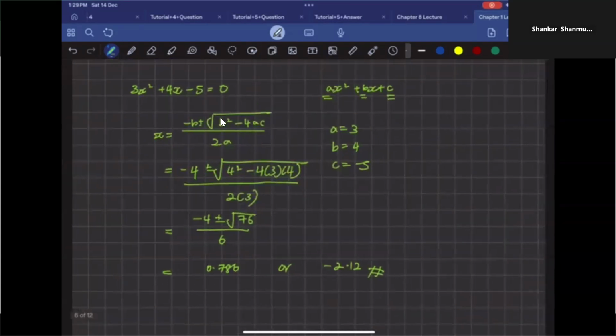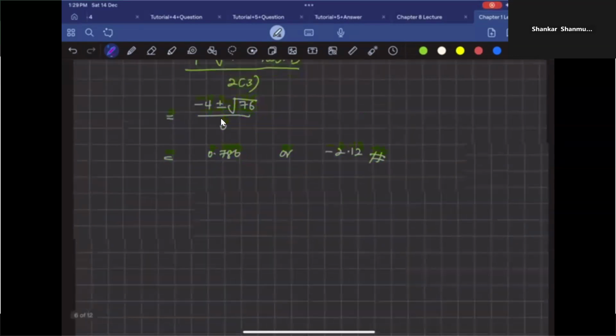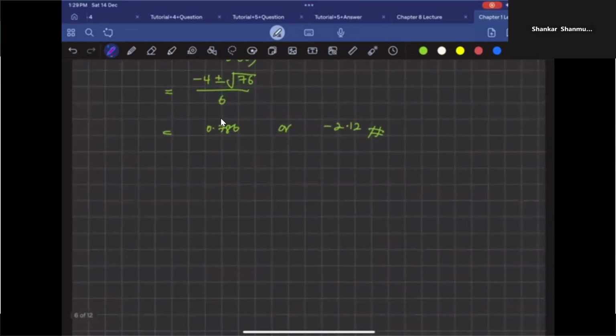One more thing to note: your b squared minus 4ac. There's one way that you can make sure. If your b squared minus 4ac is negative, then you can't solve the equation. So you should check your b squared minus 4ac before you sub in all the values.